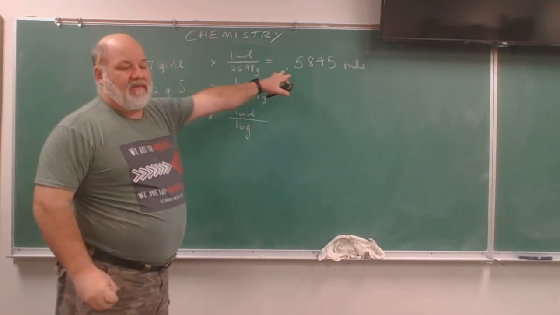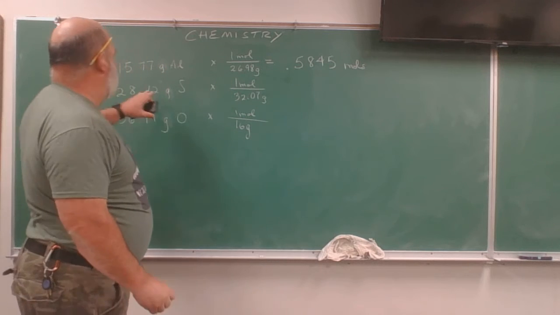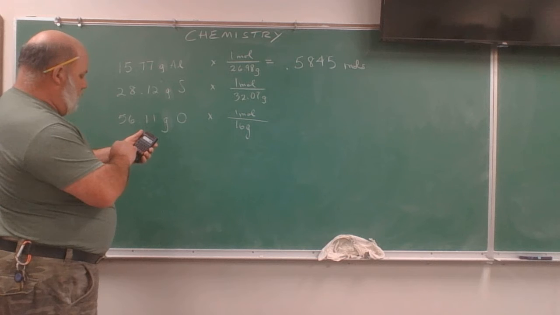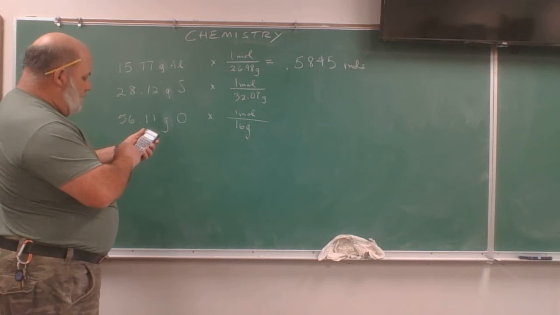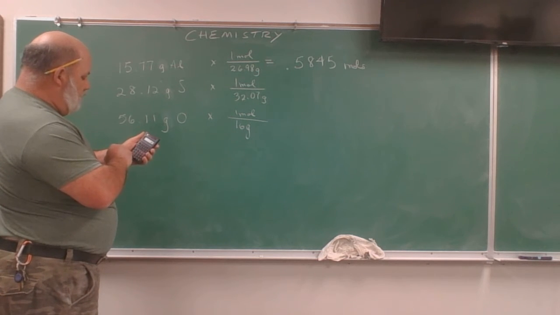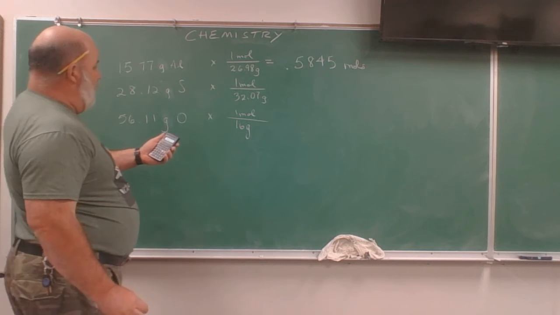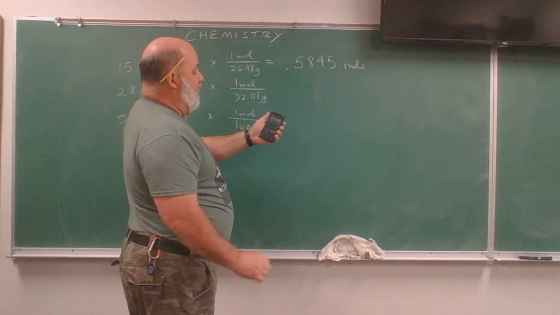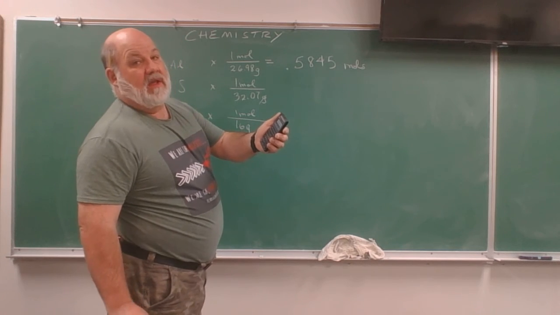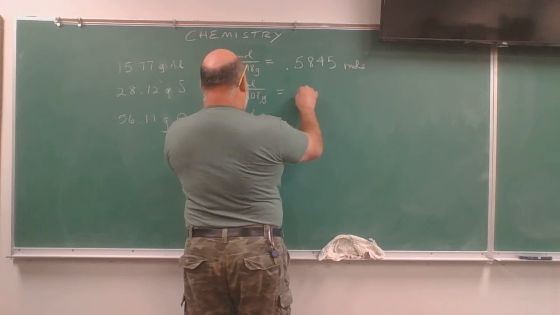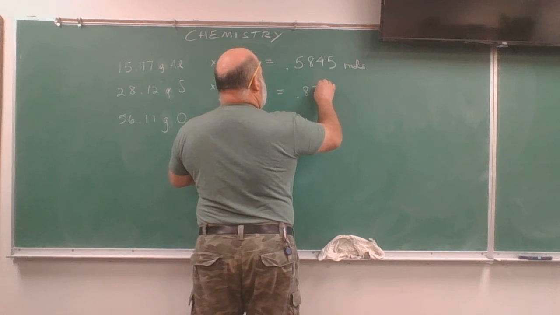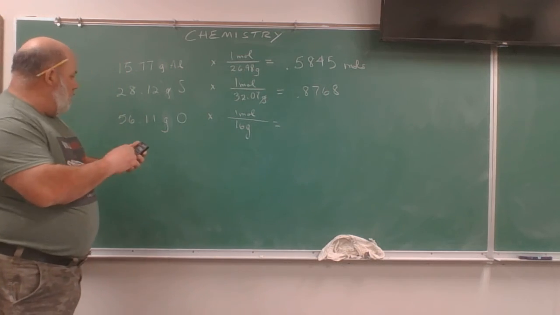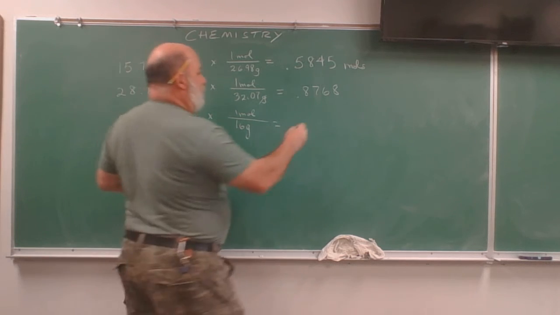We have half a mole of aluminum so far. 28.12 divided by 32.07, and grams cancel in case you didn't catch that. We have close to 9/10 of a mole. We have 0.8768, and that's moles of sulfur.